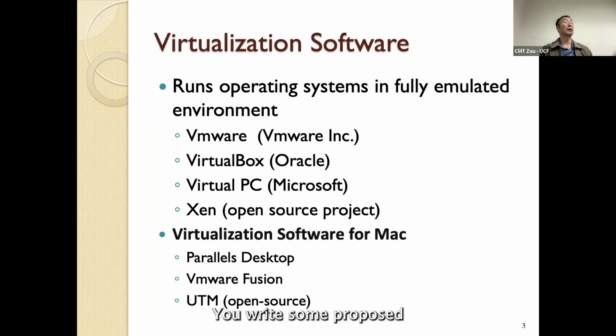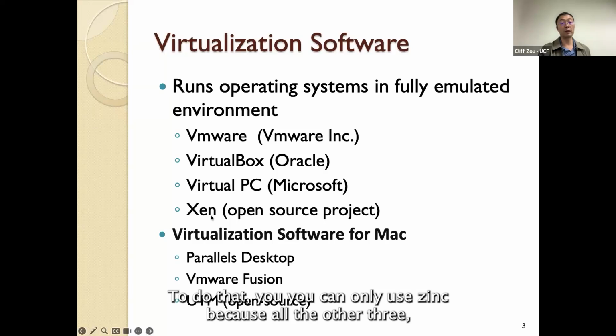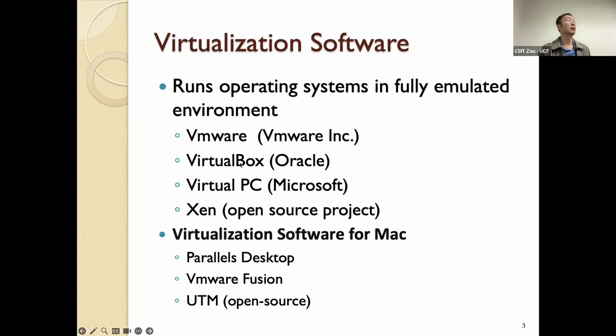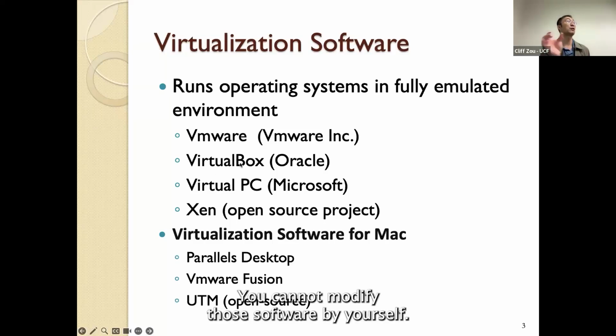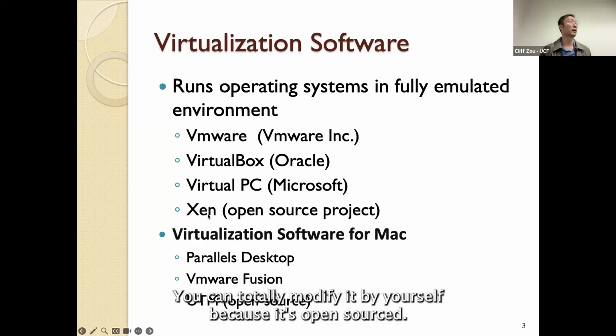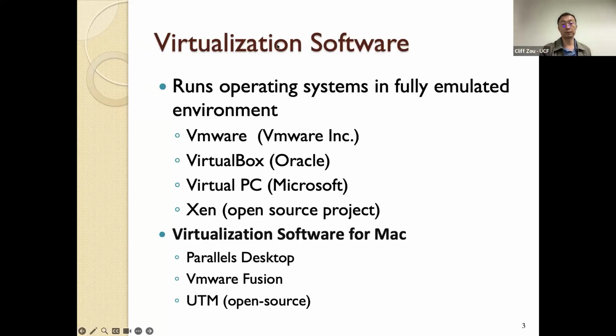You write some proposed idea, but you need to actually generate some prototype to show that your design works. To do that, you can only use Zing because all the other three, they are not open source. You cannot modify those software by yourself. Zing, you can totally modify it by yourself because it's open sourced.